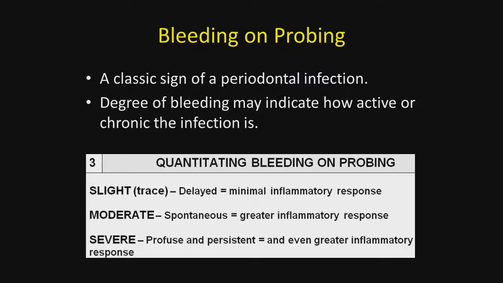Severe bleeding on probing is where as soon as you enter the pocket, we get profuse bleeding on probing. So I think this is something that is new and different, should be taught to every dental student, and we need to have a better understanding of the level of bleeding on probing.